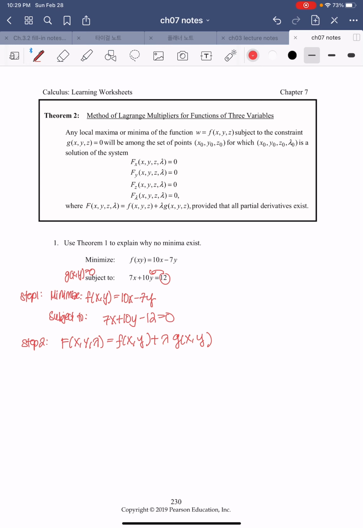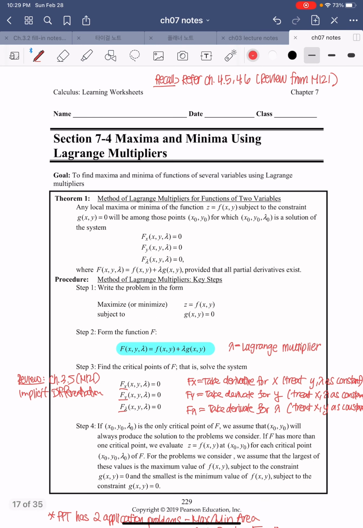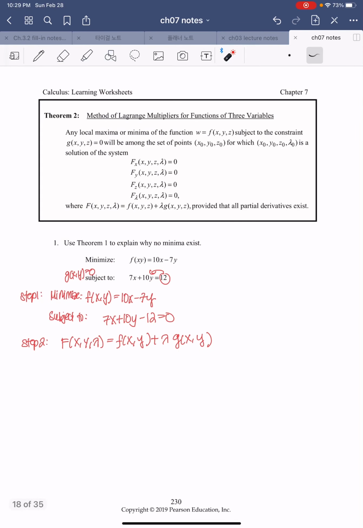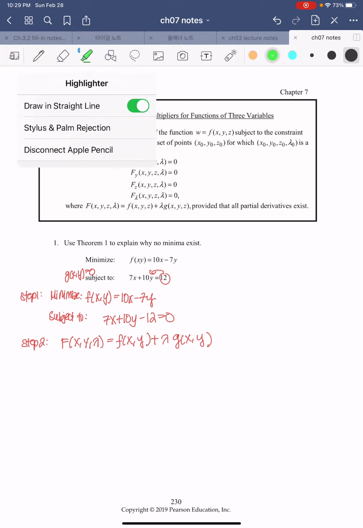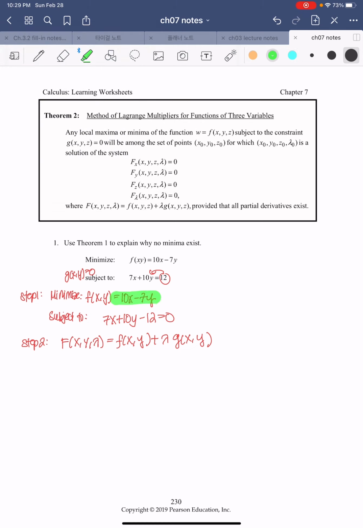This is just coming straight from the formula right over here highlighted in blue. So I'm going to plug in my f function, also known as the z function here, and the g function that I came up with and set equal to 0. Let me highlight it so you can see clearly. Here's my f function, and my g function right there.